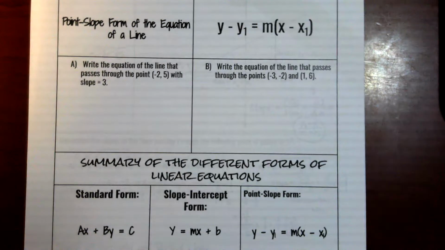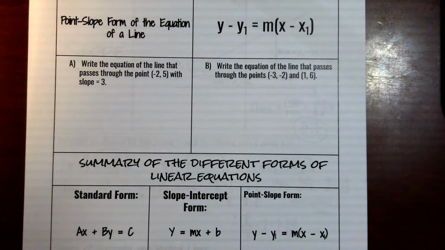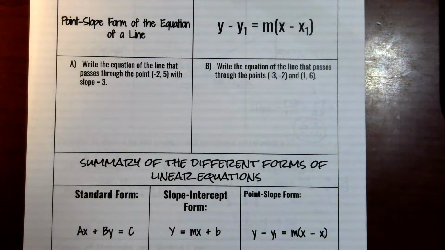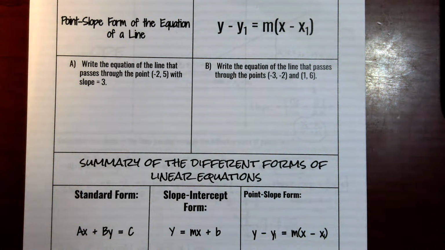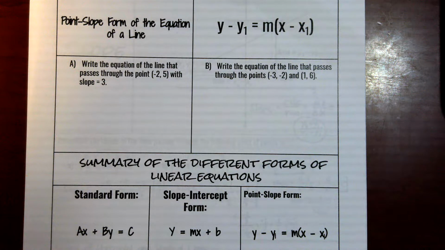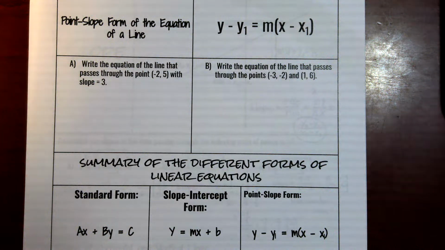Maybe they just give you 2 points on the line. Sometimes they give you the slope, or they give you a point on the line and another line that's parallel or perpendicular to it. So whatever cases you're given, you want to be able to write the equation of a line. Bottom line is, you need to know the slope and the y-intercept to have an equation of a line.